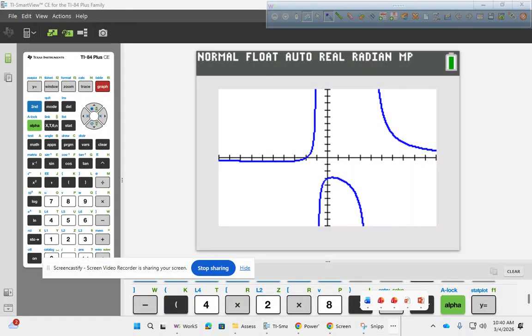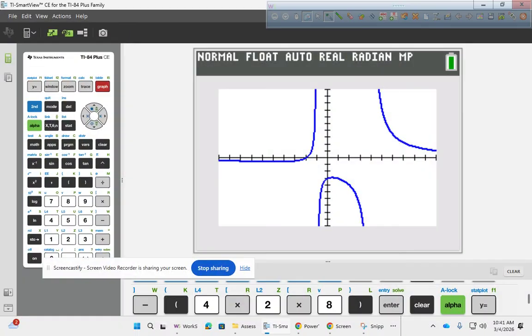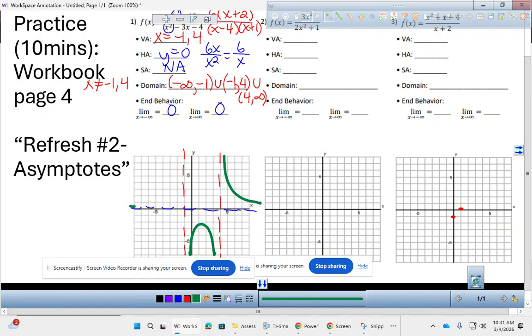In terms of my graph here, there was some U shape happening in here. You can see the asymptotes break that up for me, so when I do that sketch, I know exactly what part of the graph it will go in.